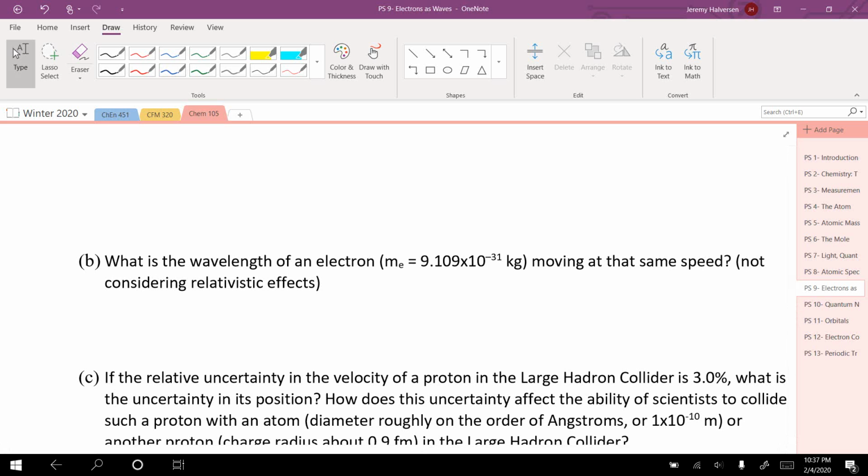B, what is the wavelength of an electron moving at the same speed? Okay, so that means we've got an electron, h over mv equals 9.109 times 10 to the negative 31. 1, 2, 3, 4, 5, 6, 7, 8.